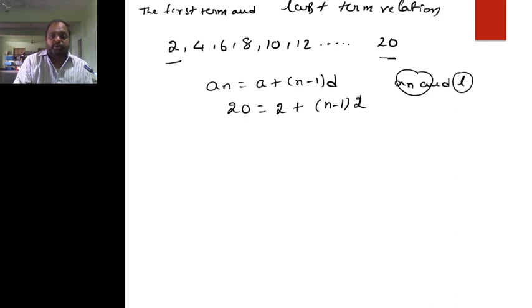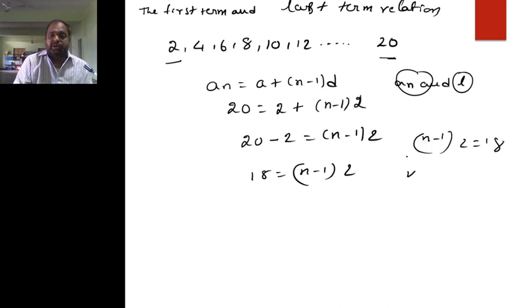So 20 minus 2 is equal to n minus 1 into 2. So 18 is equal to n minus 1 into 2. N minus 1 is equal to 18 by 2, that is equal to 9. N is equal to 9 plus 1, that is equal to 10. So there will be 10 terms between 2 and 20.